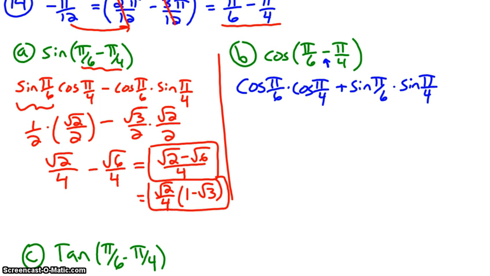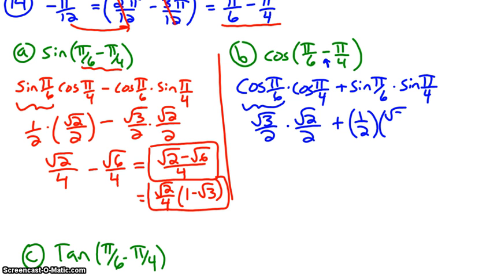Now we're going to replace all of these with exact values. The cosine of pi over 6 is radical 3 over 2, and then times our radical 2 over 2. The sine of pi over 6 is 1/2, and the sine of pi over 4 is radical 2 over 2.